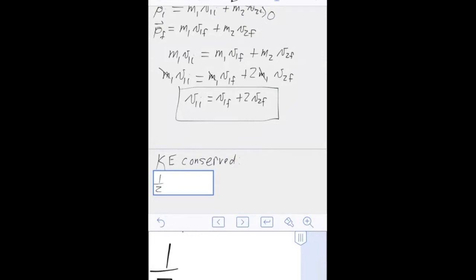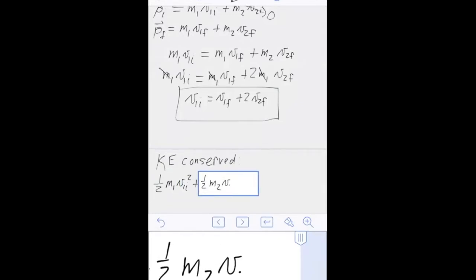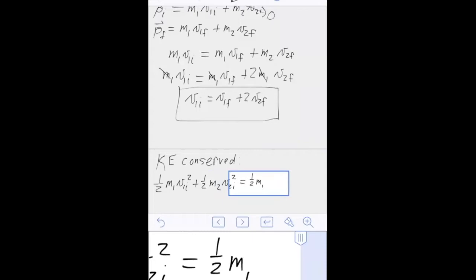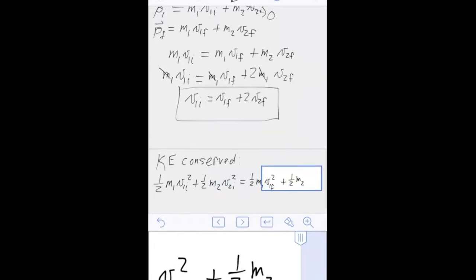In general, that's going to be 1/2 m1 v1I squared plus 1/2 m2 v2I squared is equal to 1/2 m1 v1f squared plus 1/2 m2 v2f squared.